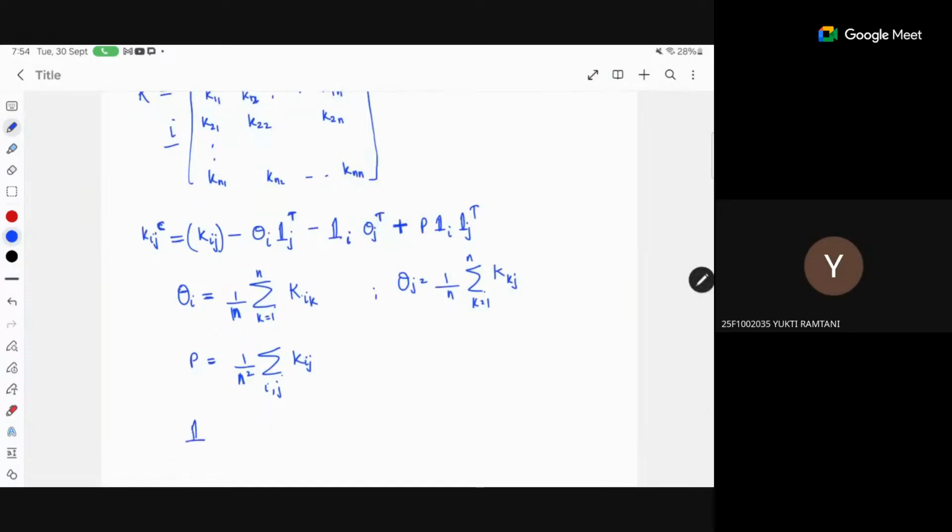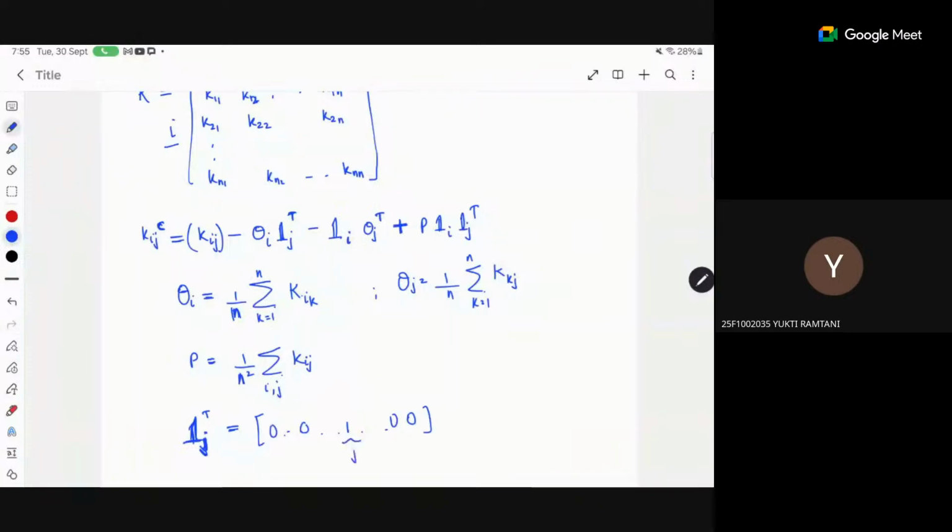Then this indicator, or let's not call it indicator, this is actually a vector. So this is more like an indicator only. Wherever, let's say I am talking about one of j, at the jth element it is going to take 1, and all the other places it is going to take 0.